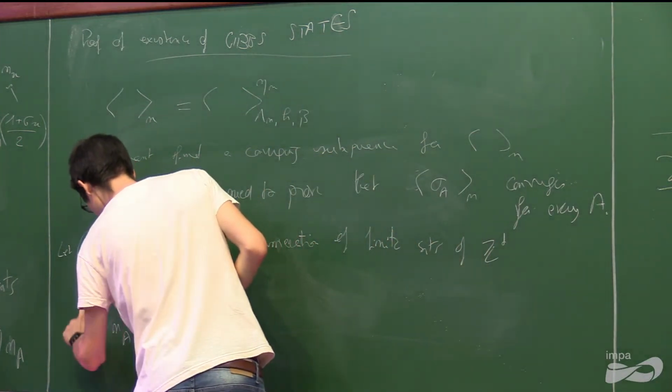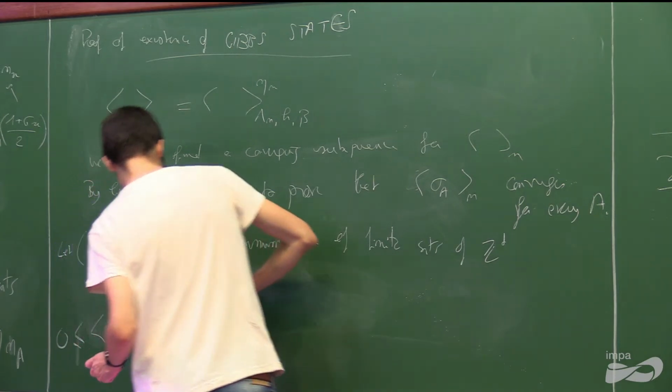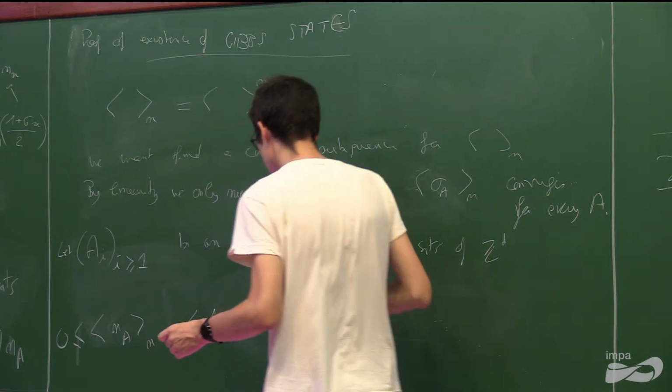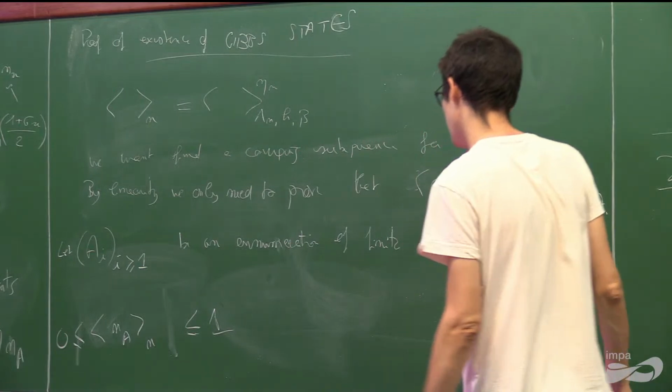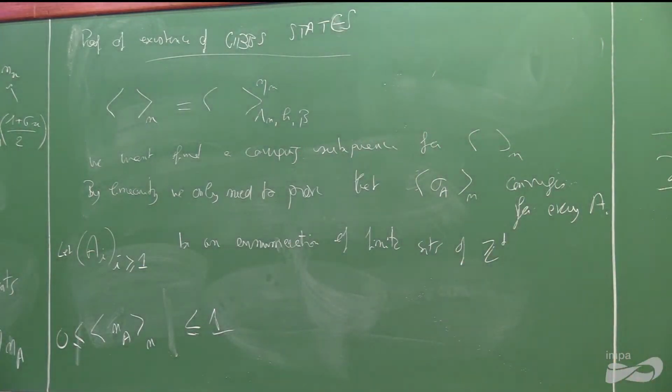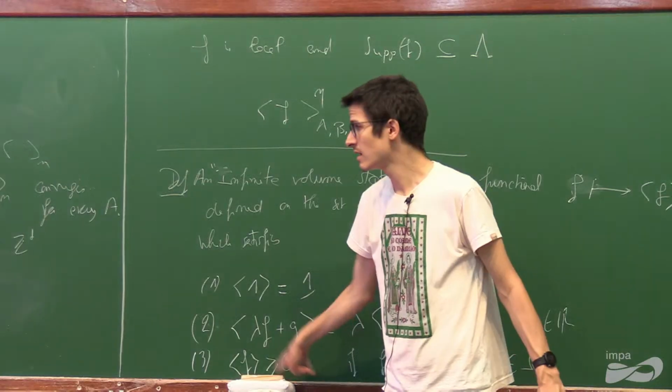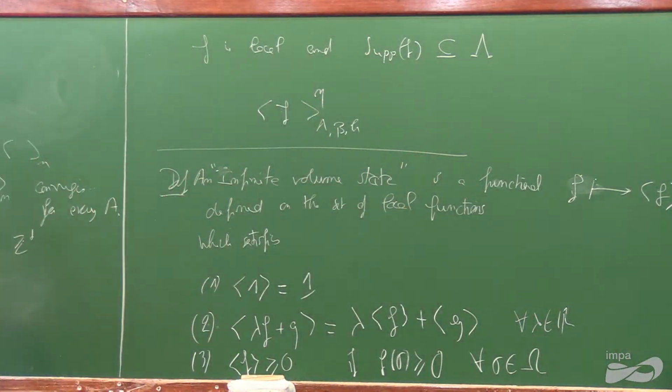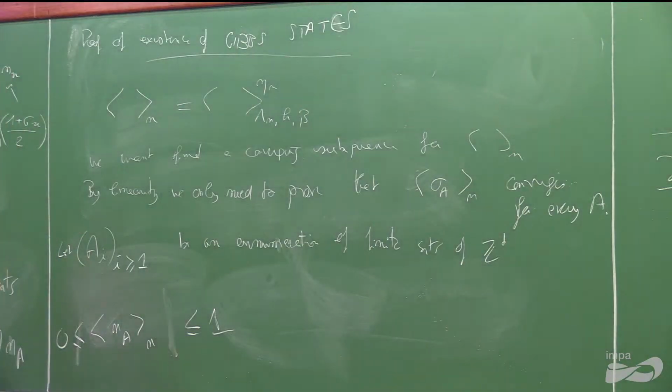So I have that N_A is larger than 0 and smaller than 1. This is just an expectation, so this is fine. The expectation with respect to the measure is smaller than 1. The important thing is that it's bounded.